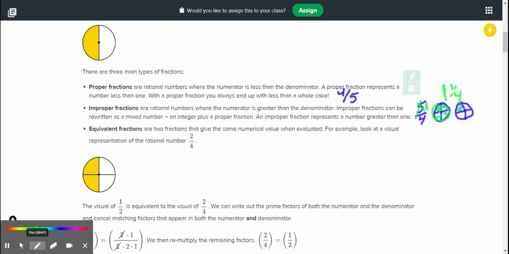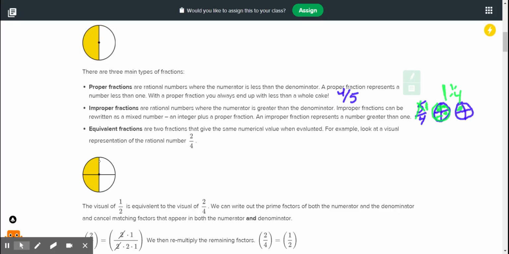Now the last form of fractions is equivalent fractions. Equivalent fractions are two fractions that give the same numerical value when they are written. For example, look at the pie here. This pie is divided into 4 pieces.